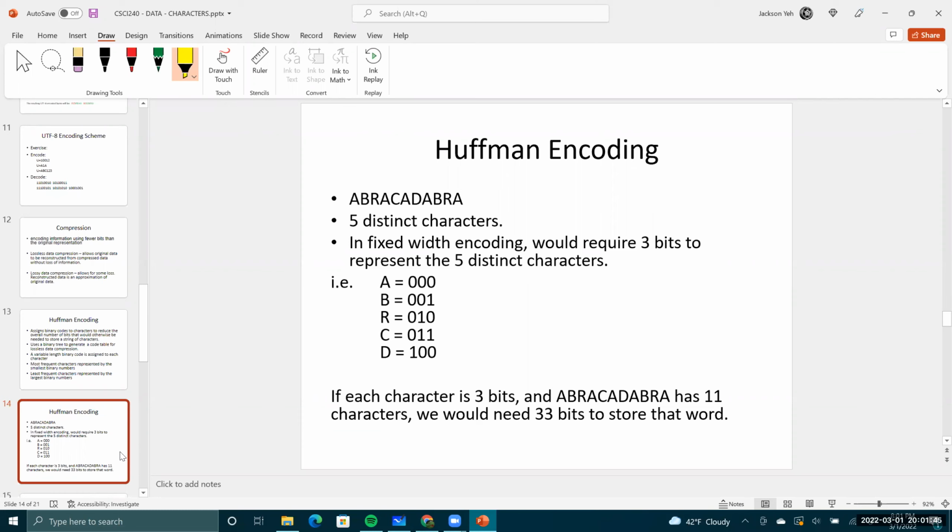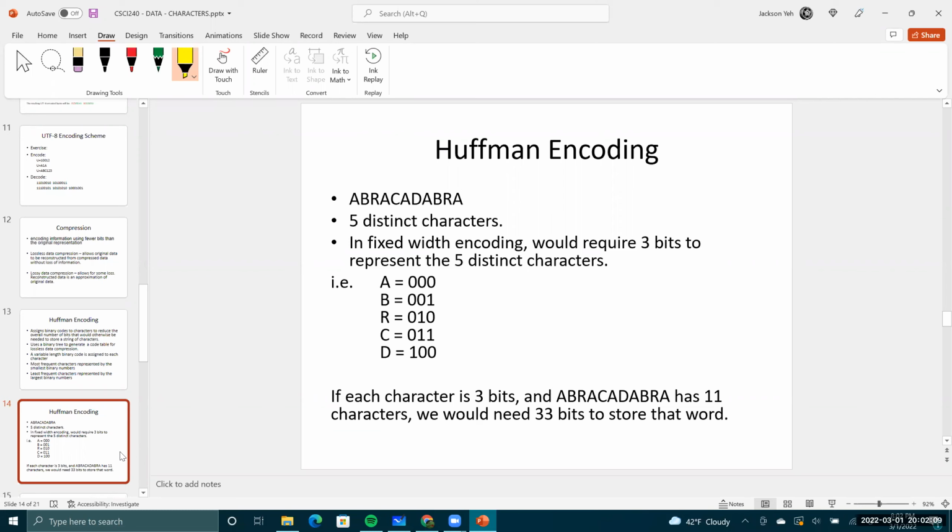You would need 3 bits to encode 5 distinct characters. So A would be 000, B would be encoded as 001, R would be 010, and we finish with D as 100. Every one of these 5 characters has a unique 3-bit representation.